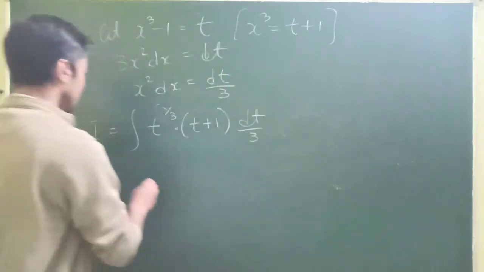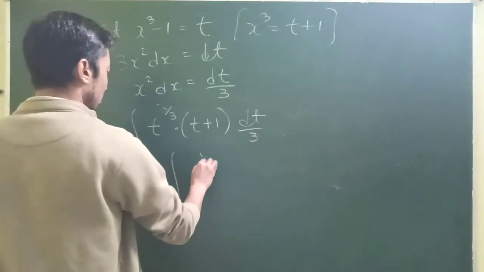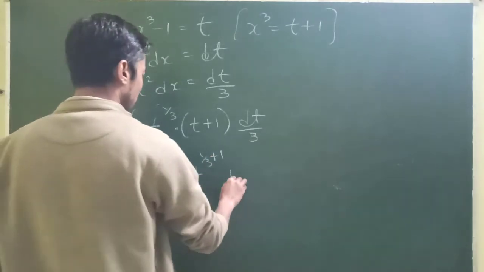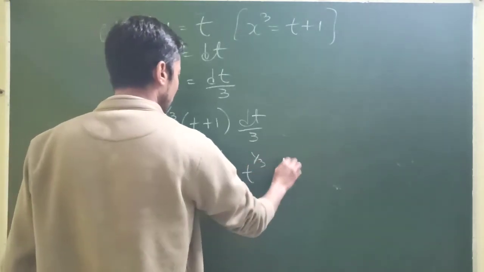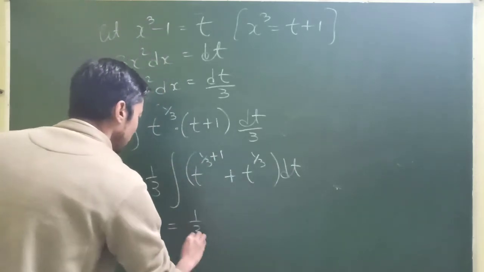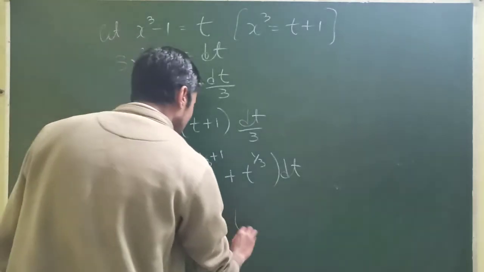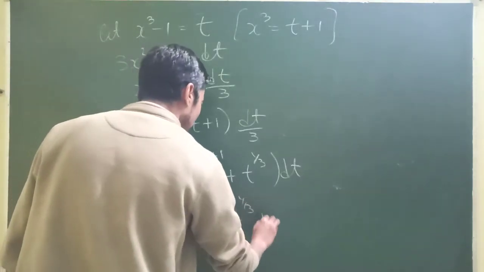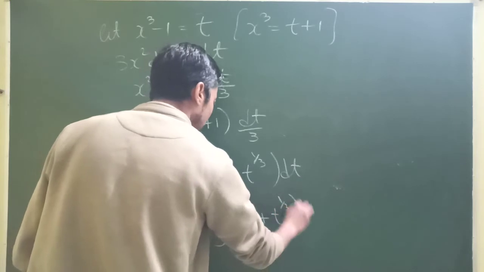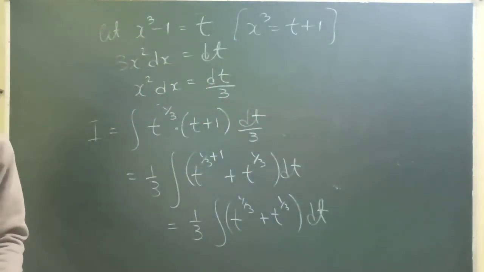So now if I multiply 1 by 3, t power 1 by 3 into t plus 1, plus t power 1 by 3 dt. So that's 1 by 3, t power 4 by 3 plus t power 1 by 3 dt. Now the job is just to integrate after that.